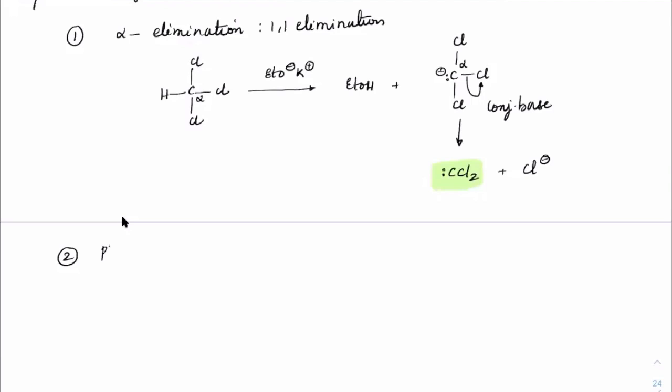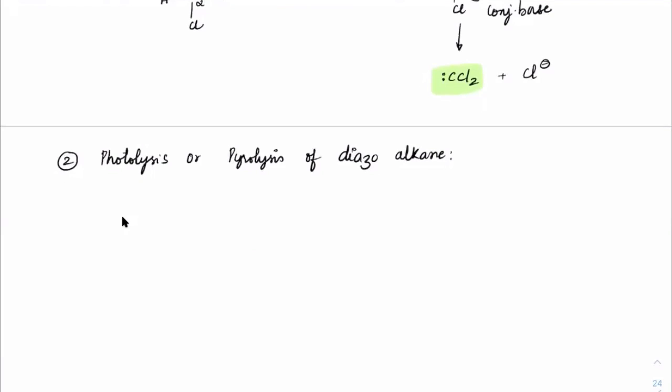This is by photolysis. Yesterday we saw photolysis or pyrolysis, how radicals are generated. In this case, if we have a diazoalkane, then the photolysis can happen. For instance, if we have R, CH, N triple bond N plus. N2 is a highly stable molecule.